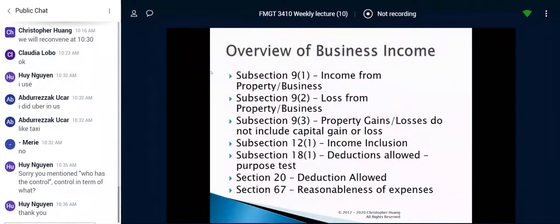Like, how do we determine income? How do you determine your income? Does this provision help you figure out how you determine your income?